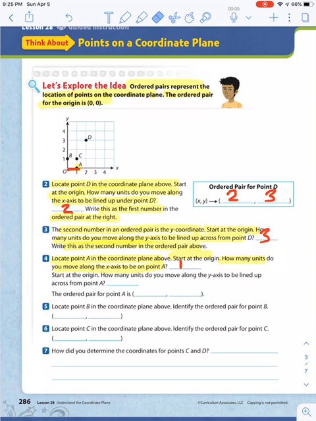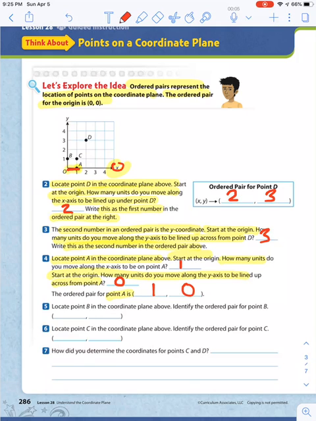And then, how many units do you move along the y-axis to be lined up across from point A? Well, we're not moving at all because it's on the x-axis. So we are literally going to put 0. And our ordered pair for point A is 1, 0.